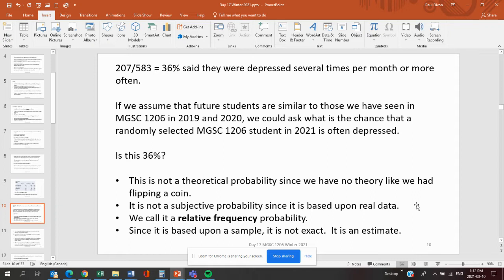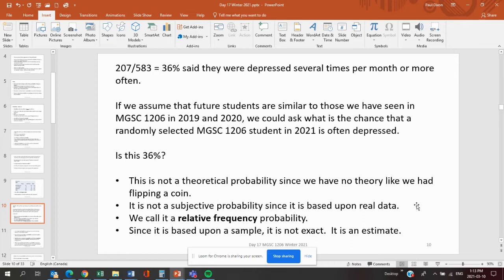Now, how can we use this, particularly as a probability? Well, there we have to make some assumptions. There are several things that come up. If we assumed that future students were similar to those that took this course in 2019 and the fall and winter of 2020, then we could ask, well, what's the chance that a randomly selected future student, like some of you, is often depressed?